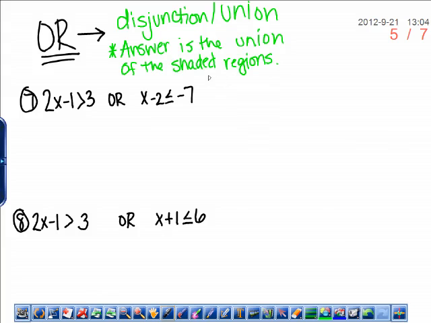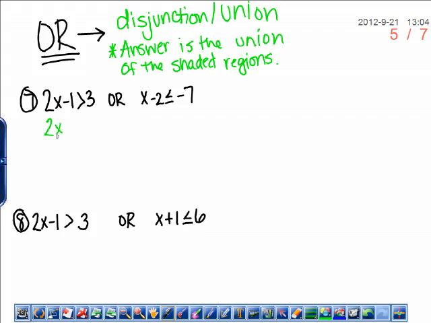All right, number 7 says 2x minus 1 is greater than 3, or x minus 2 is less than or equal to negative 7. Let's go ahead and solve each of these inequalities. Starting with the left one, what would I do? Add 1.